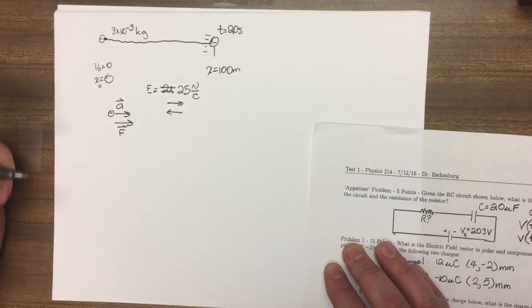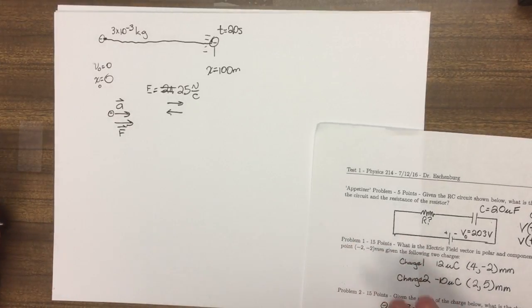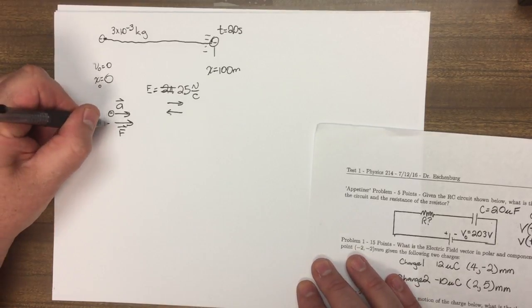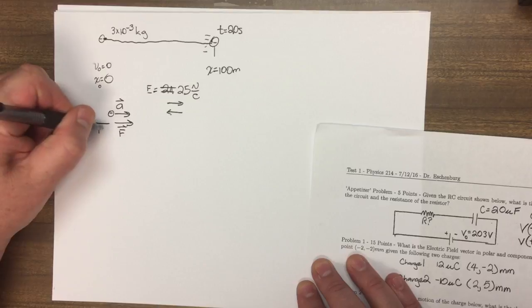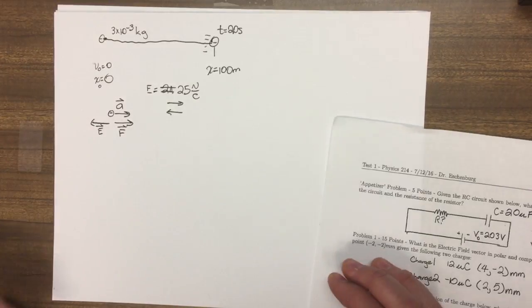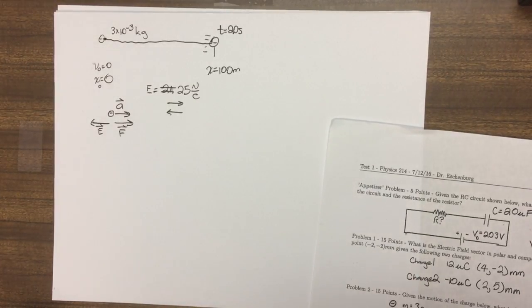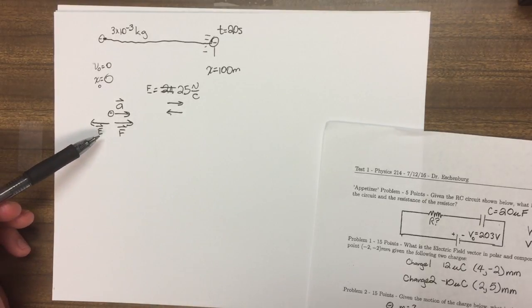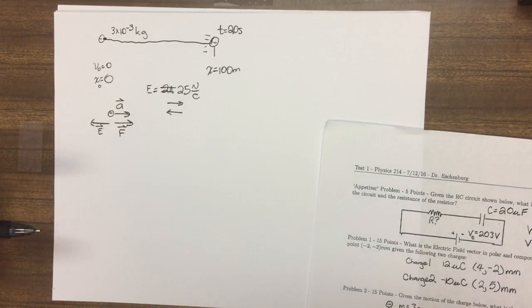Because it's a negative particle, the force on the particle is always in the opposite direction of the E field, so the E field must be headed to the left so that this negative particle goes to the right. So the answer, E field goes from right to left, or to the left.